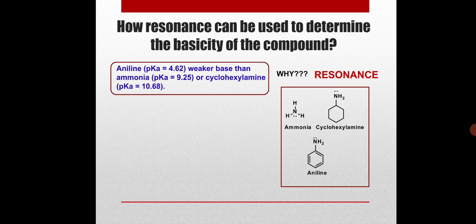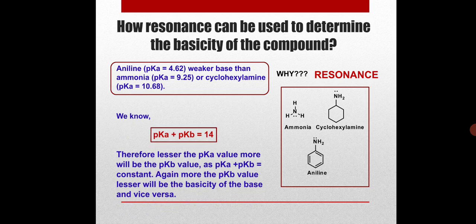Now first let's see what is the relationship between pKa value and basicity. pKa plus pKb is equal to 14. Therefore, lesser the pKa value, more will be the pKb value, as pKa plus pKb is equal to a constant, which is 14.